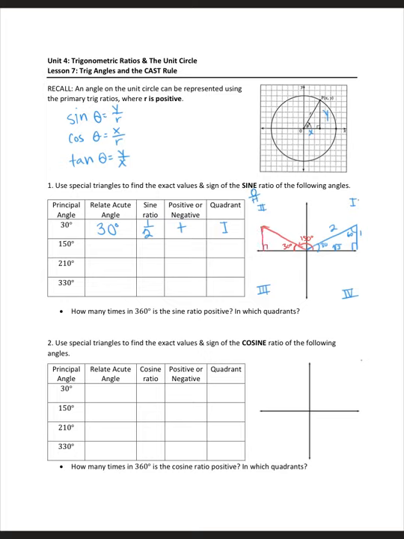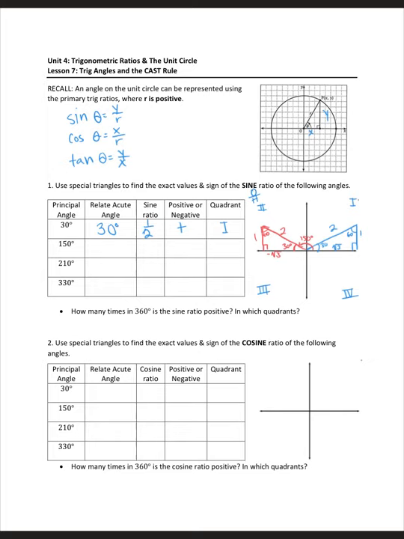So again, we've created this 30, 60, 90 triangle. We're going to again label those side lengths. But we have to think about, are these negative or are they positive? Well, my x is going to be negative because I'm on the negative part of my x-axis, but my y value is still positive, and so is my hypotenuse.